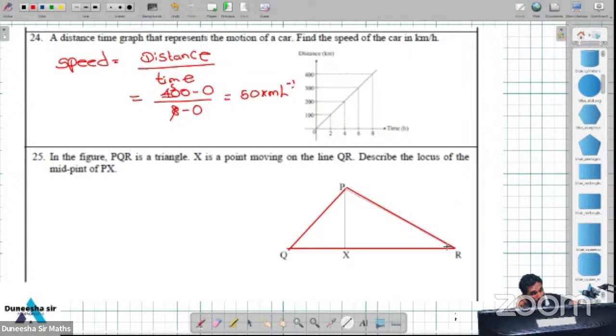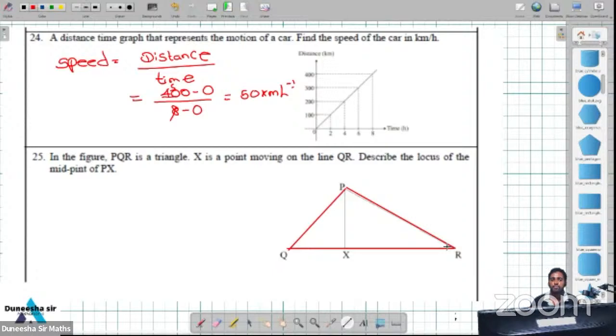Then X is a point moving on the line QR. Okay, line QR. Describe the locus of the midpoint of PX. Okay, can you tell me?